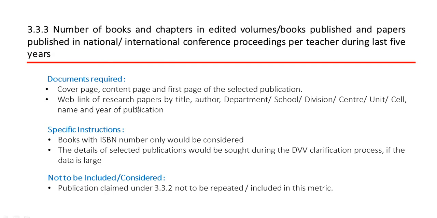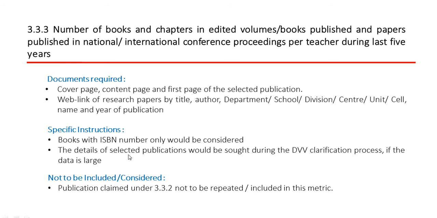The documents required for verification of this metric is the cover page, content page and first page of the selected publication, web link of research papers by title, author, department or school or division or center or unit or cell, name and year of publication. Specific instruction says books with ISBN number only would be considered.